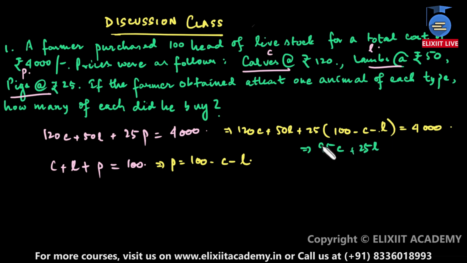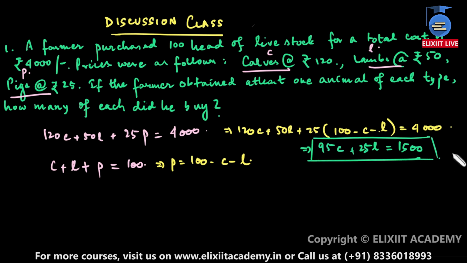This equals 4,000 minus 2,500, which is basically 1,500. So this is your simplified equation. You have to solve for C and L.